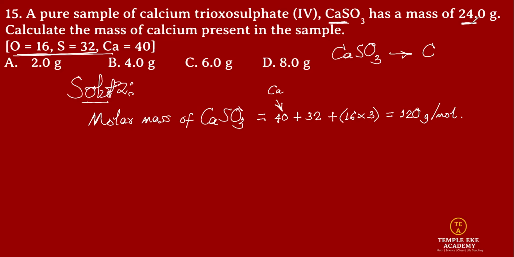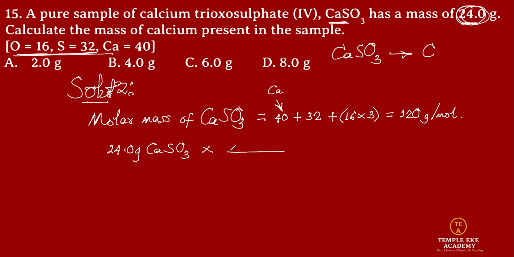So in the dimensional analysis, we want to proceed from the given mass, 24.0 gram of the sample, which is CaSO3. And now we have to multiply with the intention of cancelling the units on the left based on the relationship containing this unit, grams of CaSO3. We can draw that from the molar mass.